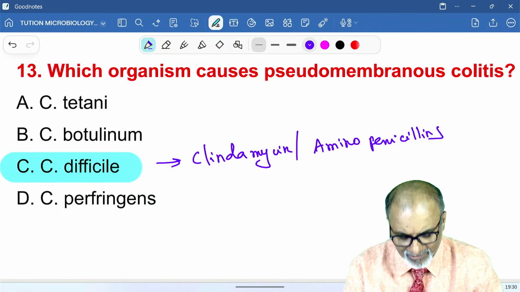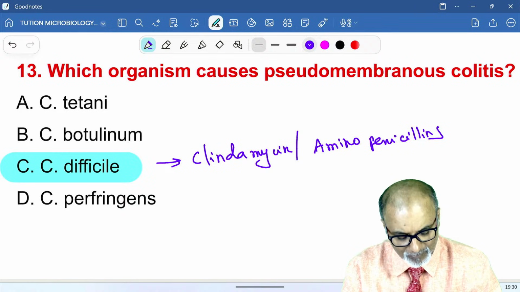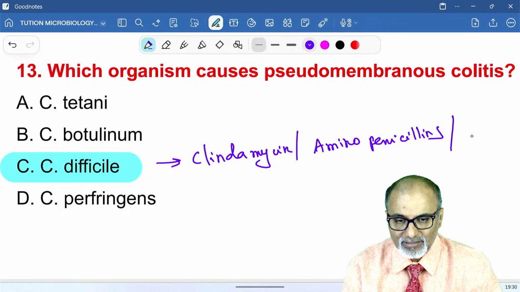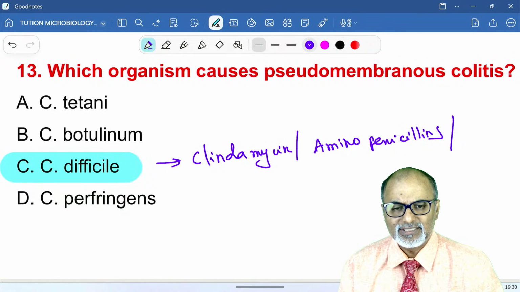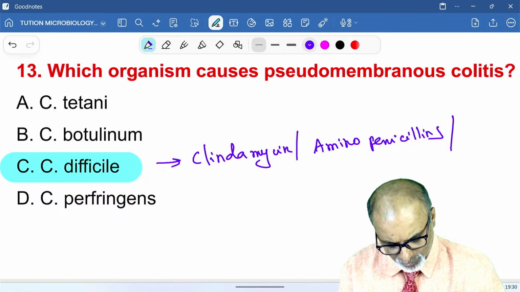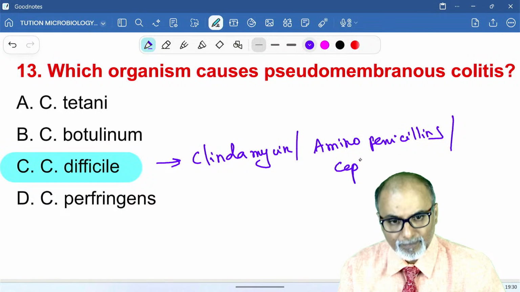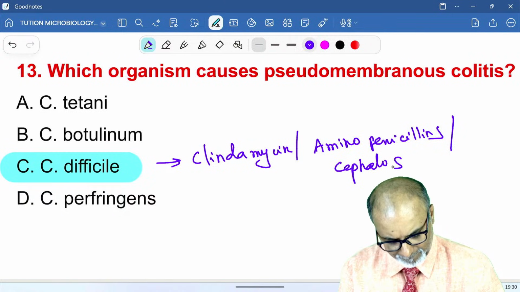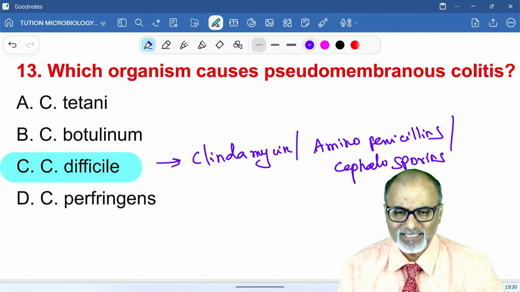Can anyone tell one more antibiotic group? Cephalosporins, third generation or more than that. Clindamycin, aminopenicillin, cephalosporins, Clostridium difficile.